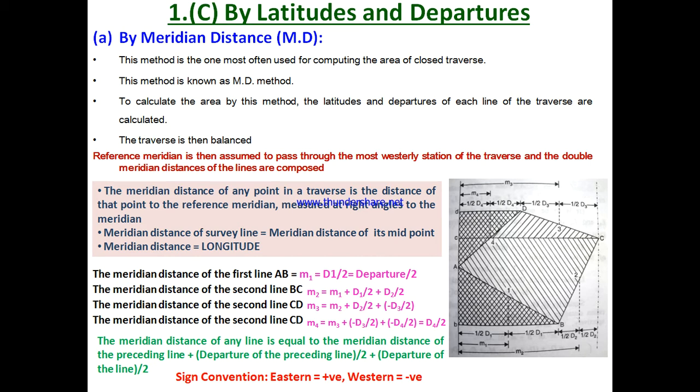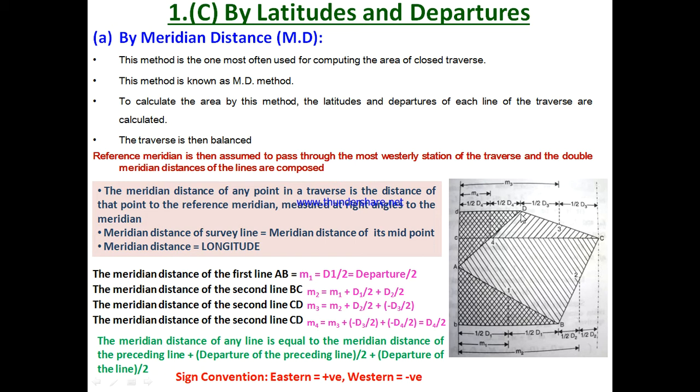Suppose there are 4 stations A, B, C, D: departure for station A is 0, departure for station B is D1, then departure for station C is D3, then departure value for station D is D4.